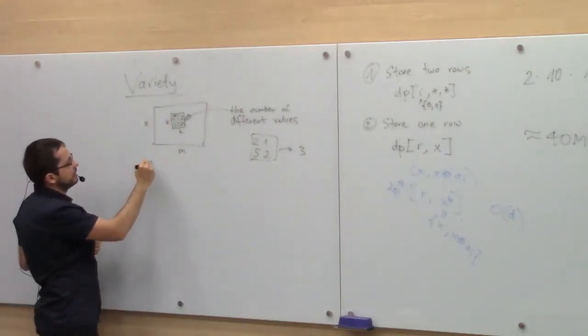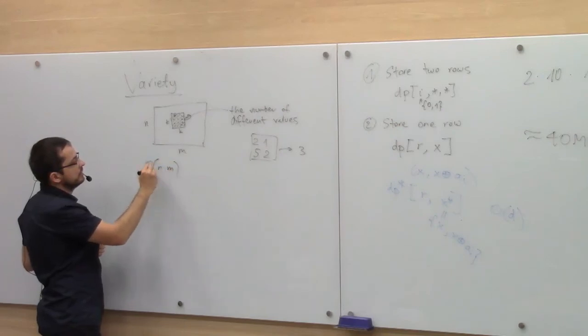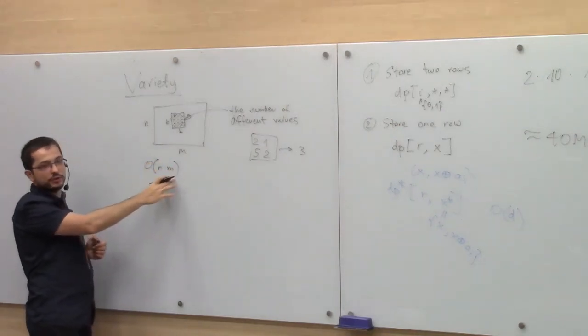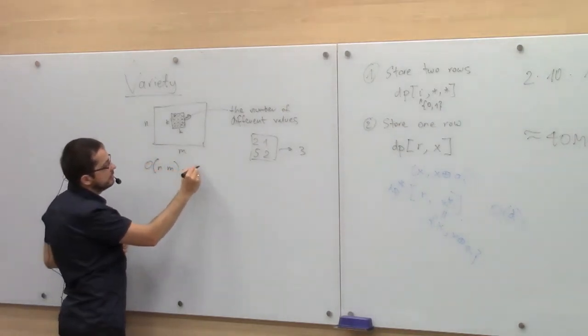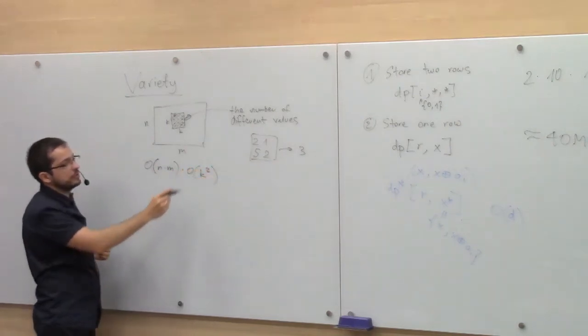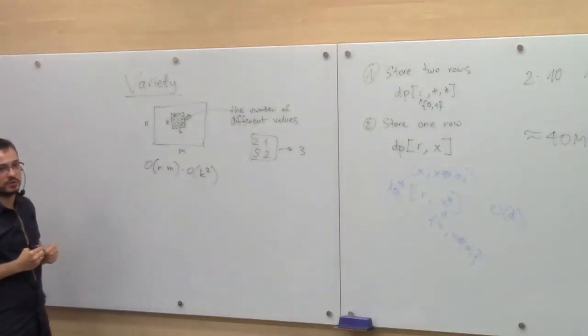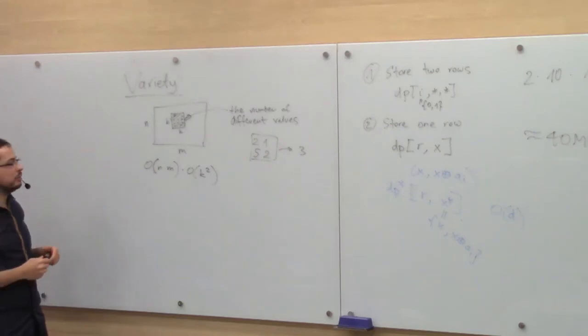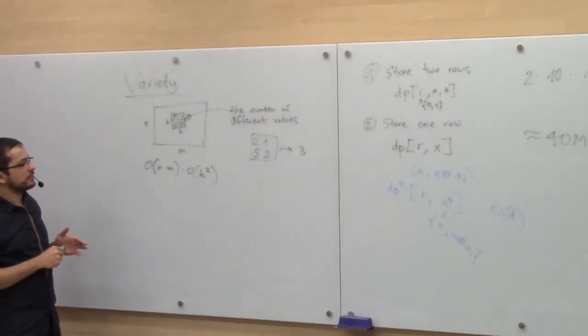We have n times m candidates for the square, and this results in an algorithm of n times m times k squared, because for every possible square we will just naively calculate these numbers.